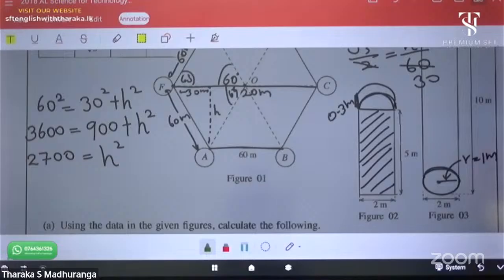First get the volume, then multiply by 100. That's the kilogram.